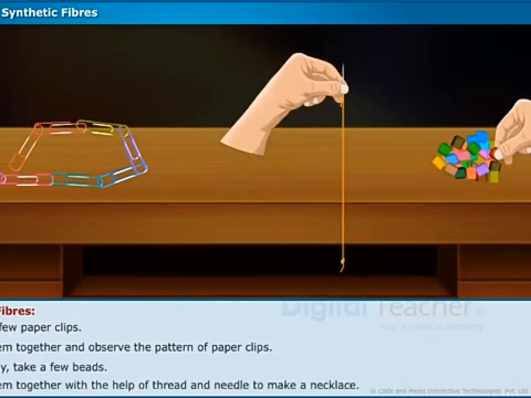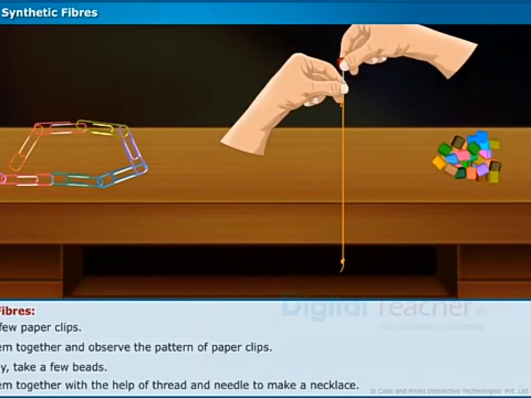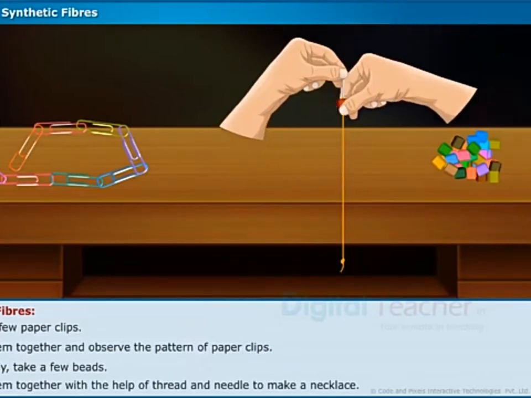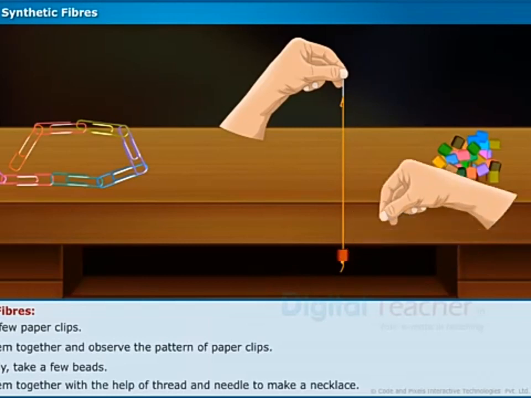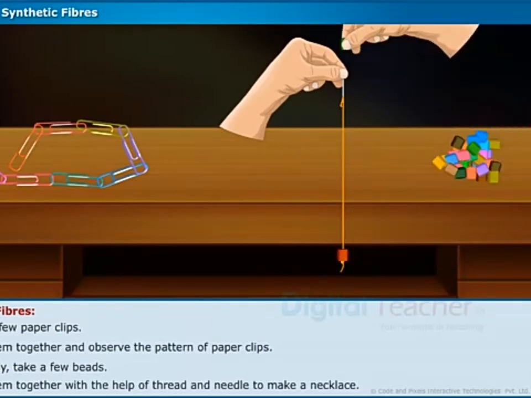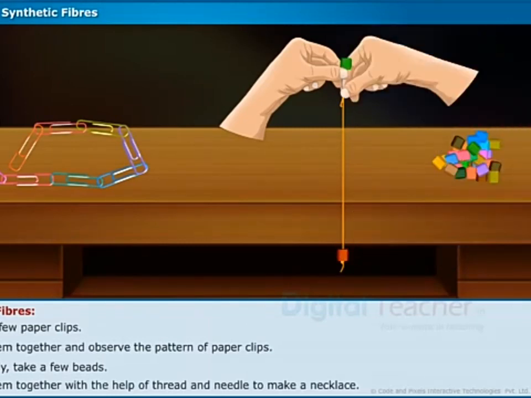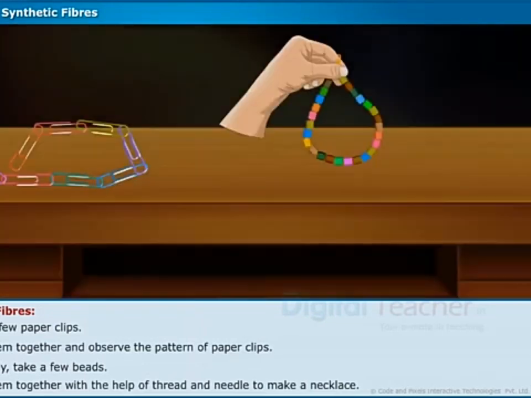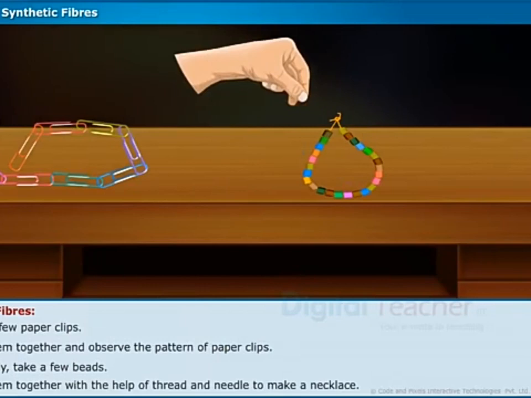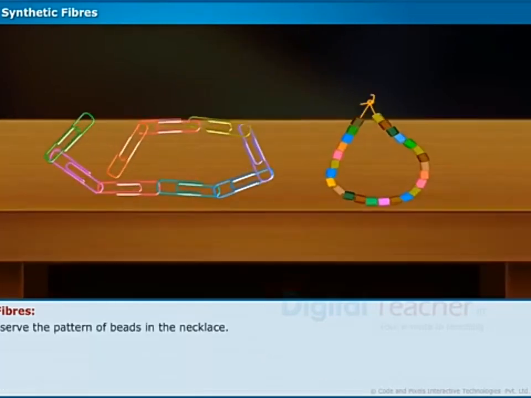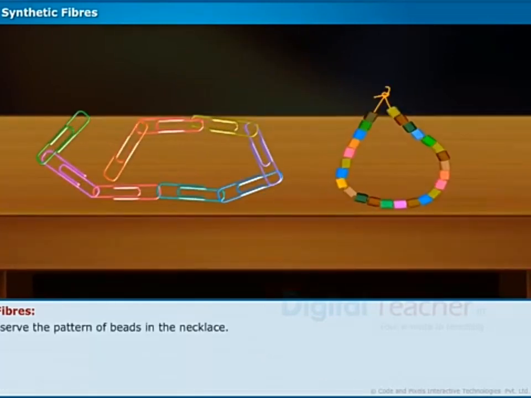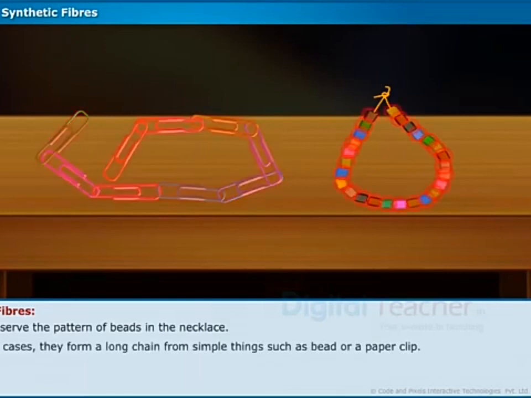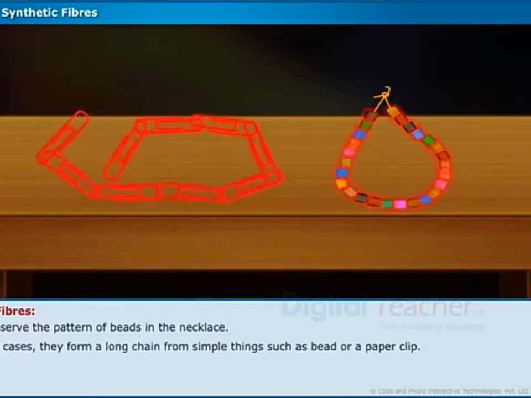Join them together with the help of thread and needle to make a necklace. Now, observe the pattern of beads in the necklace. In both cases, they form a long chain from simple things such as a bead or a paper clip.